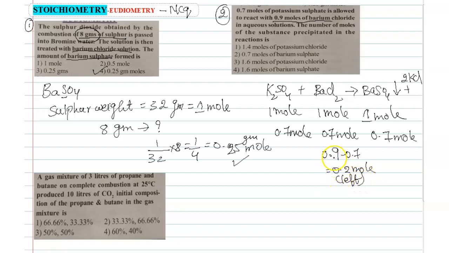That means out of 0.9 moles, 0.7 moles is reacted and 0.2 mole is left. Finally, we can get 0.7 moles of barium sulfate only. So option is 2. 0.7 moles of barium sulfate is formed. Next one.